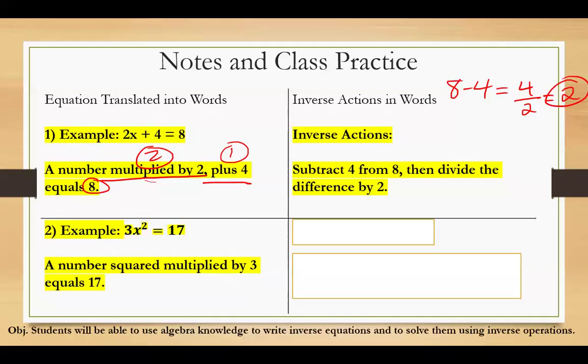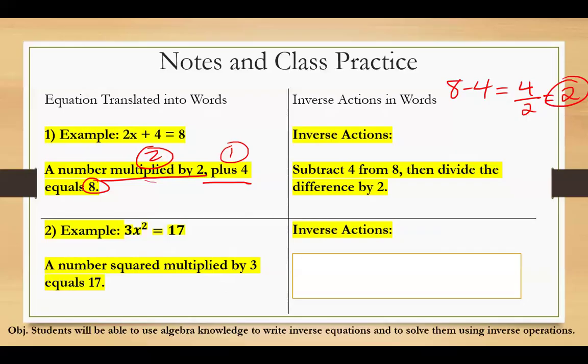All right. Who would like to share how they undo it? What's the inverse? Divide what by 3? So try it again.